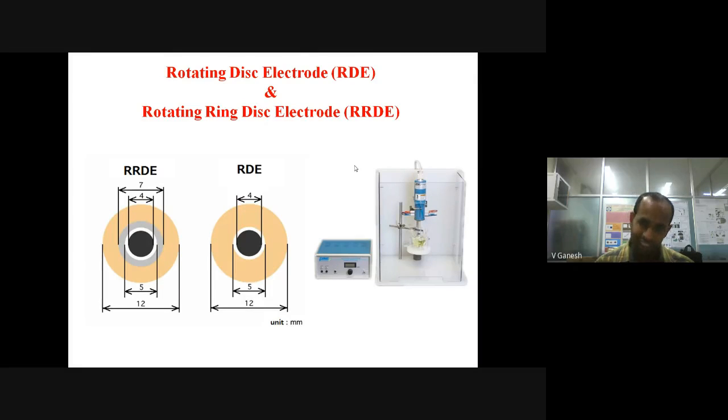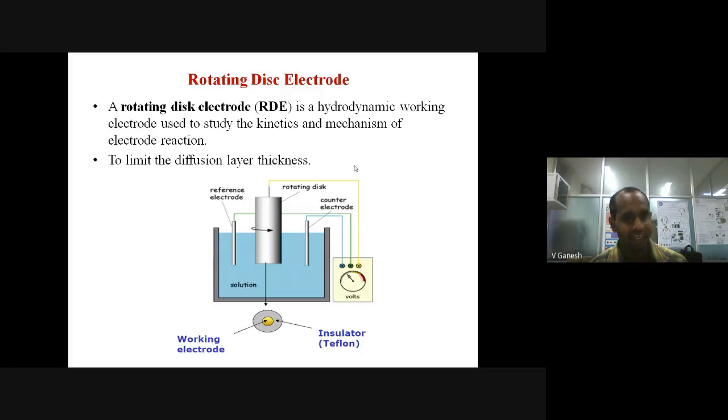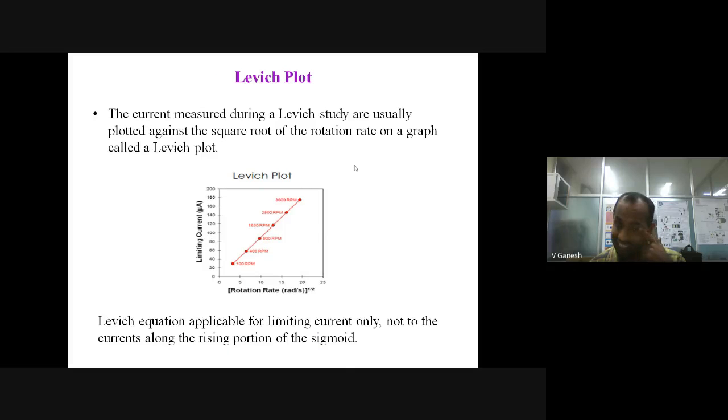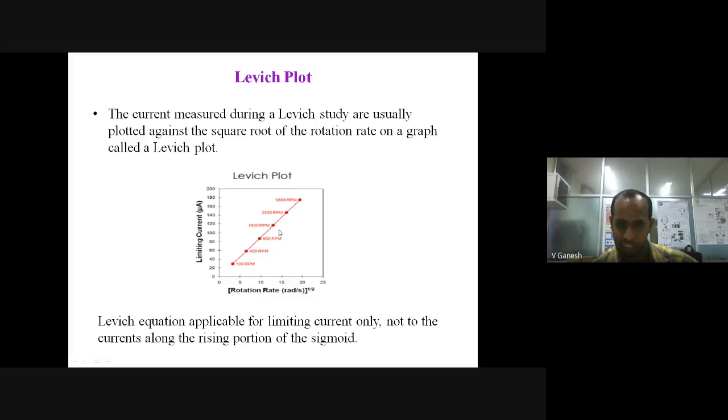Why do we use such techniques? You can overcome the limitation due to diffusion, so that you can measure the kinetics of any electron transfer reaction very precisely. I will skip the slide and directly talk about the Levich plot. This Levich equation provides a relationship between limiting current and rotation speed.